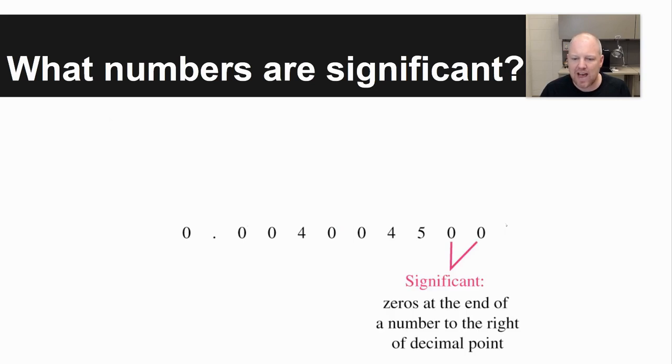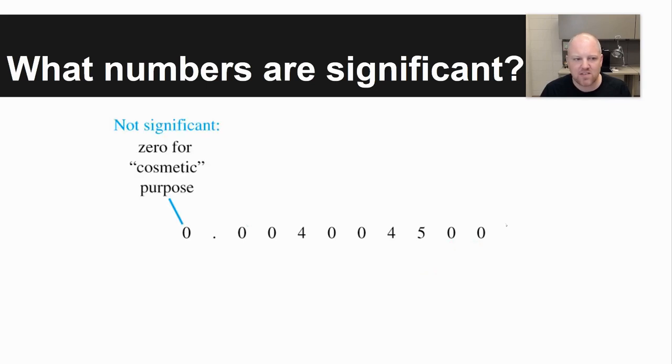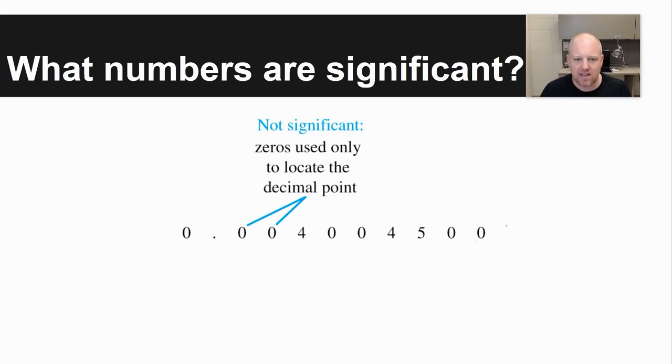Any zeros after a decimal at the end of a number are going to be significant because you wouldn't have bothered to put them there unless you measured that carefully. But some numbers are just there for cosmetic purposes. So the 0.00, those numbers are just there because they have to be to build that number. And again, they're there because they have to be. If you were to write this number in scientific notation, you'd see that the non-significant numbers would disappear.